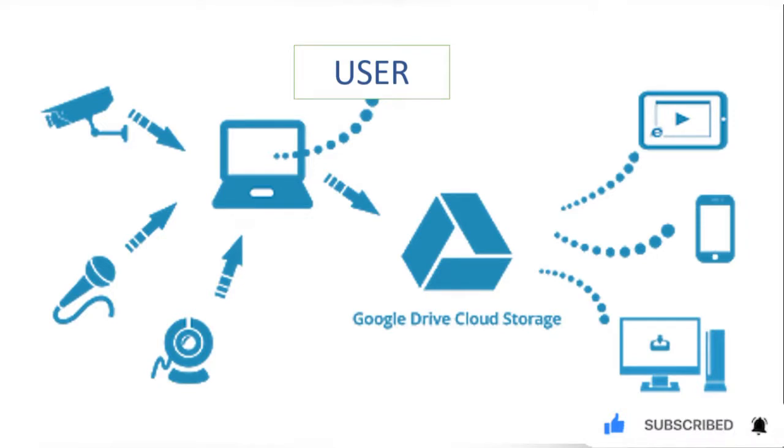When a user wants to save any data inside the cloud storage, first the user will collect the data in their mobile phone or laptop or tablet with a login ID and password of that application or web app.